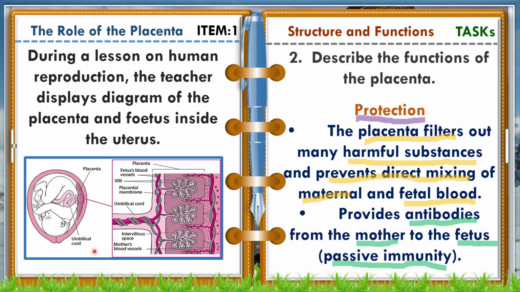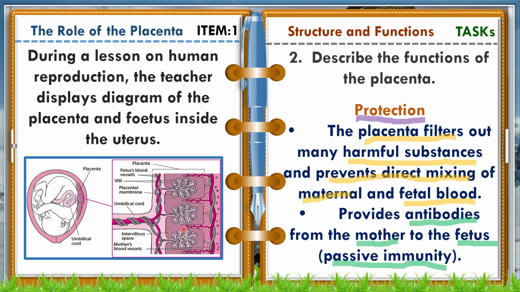Because the baby is still in the mother's womb, the uterus, it has not come into contact with pathogens outside the mother's body, but it will receive immunity from the mother's blood. The antibodies will come from the mother's blood.